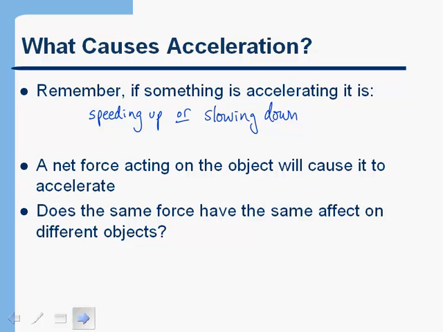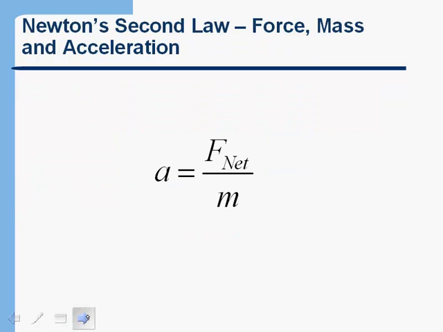If I said, go out and exert the same force on a stationary car, are you going to get that car to move as fast as you could get the baseball to move? And obviously the answer to that is no. And so it turns out that not only does the acceleration depend on how much force we're applying, but it also depends on the mass of the object. And that's what Newton's law says.